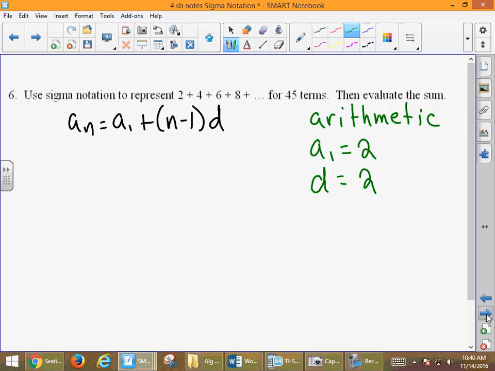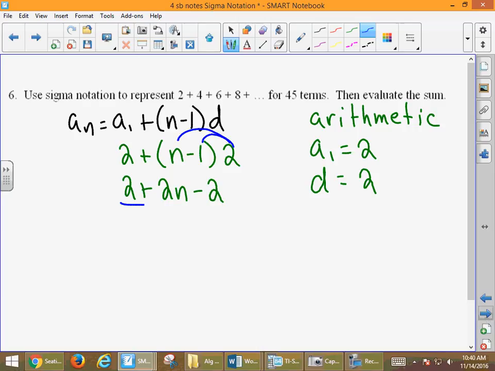So we're going to get 2 plus n minus 1 times 2. And we need to distribute the 2. So we have 2 plus 2n minus 2. And just like that last problem, we end up with a sub n equals 2n, because our 2 and our negative 2 canceled out to be 0.